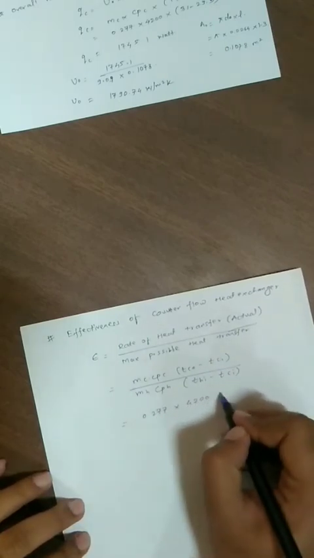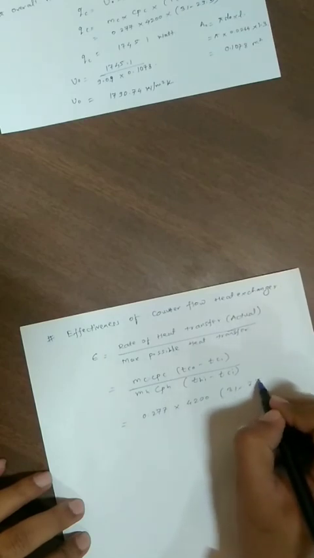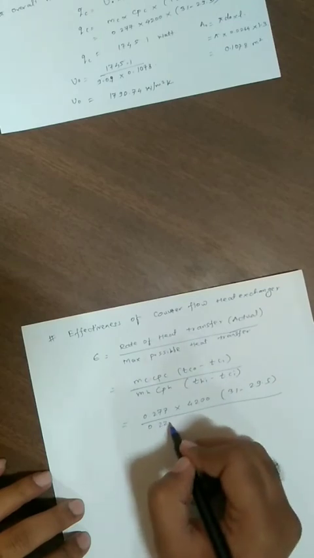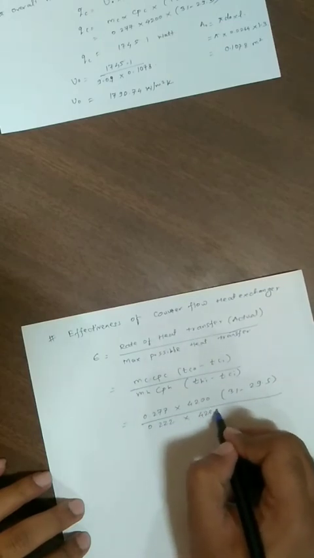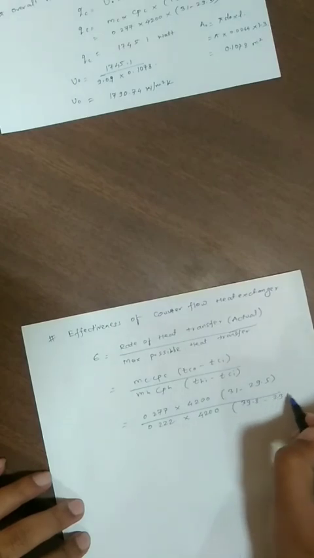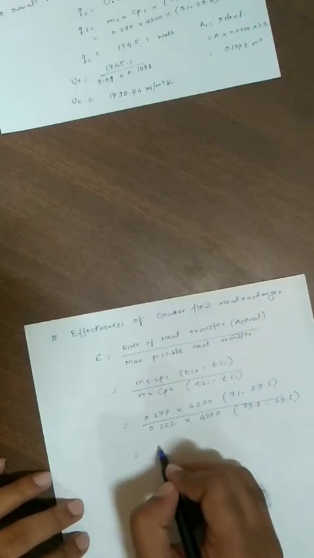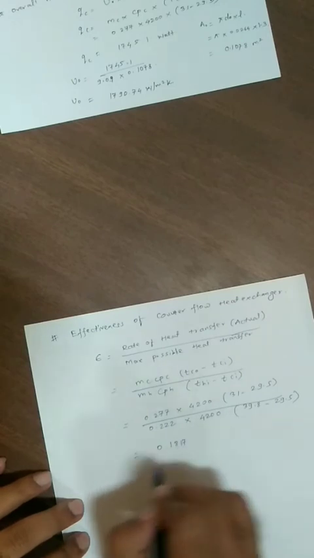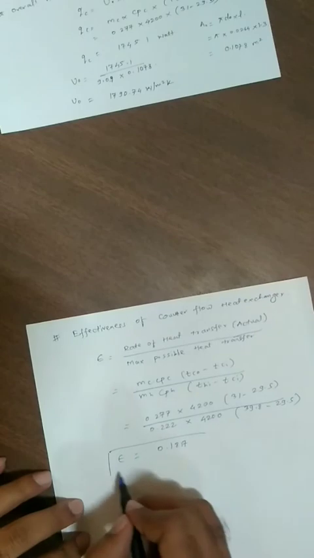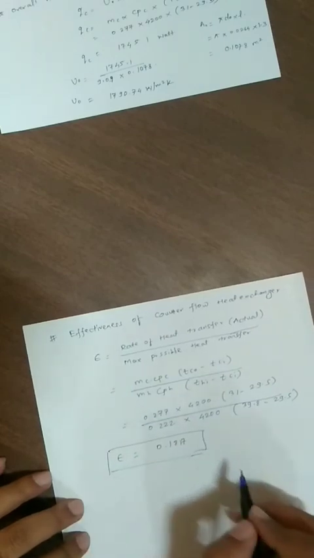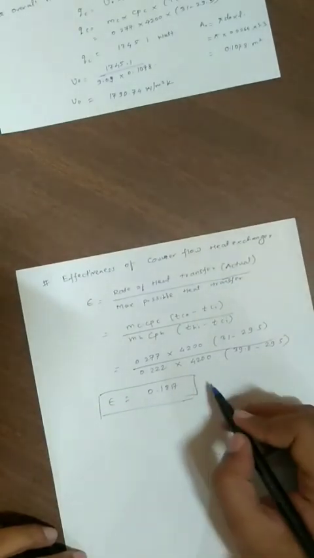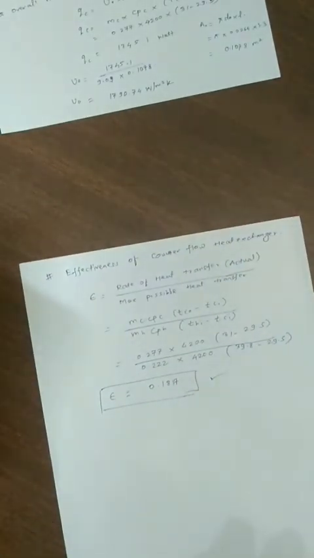So we will place the values in it. So this is the effectiveness of the counter flow heat exchanger: 0.1817.